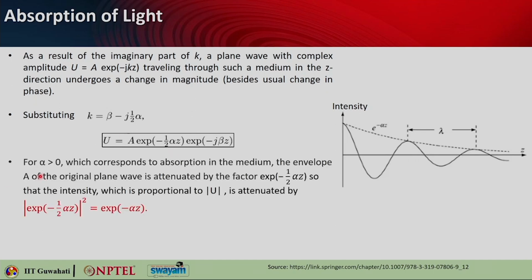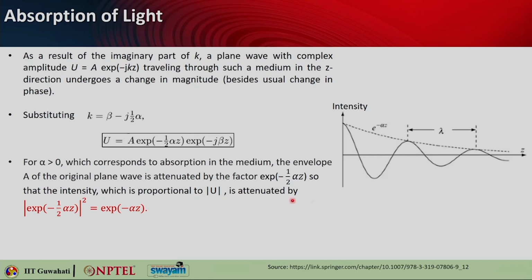Now, if alpha is considered to be positive, this is basically a medium with absorption, and you will see the envelope of the original wave. Envelope is created by connecting all the peaks or all the dips. You can also connect all the valleys and you will get the envelope.